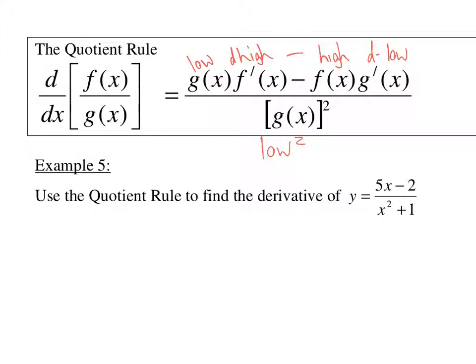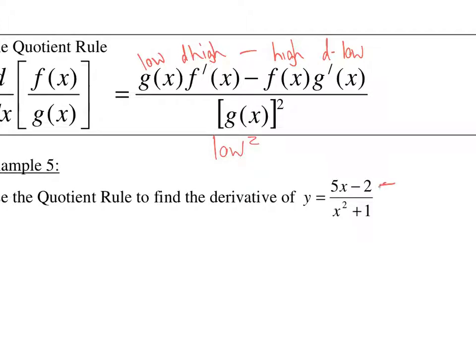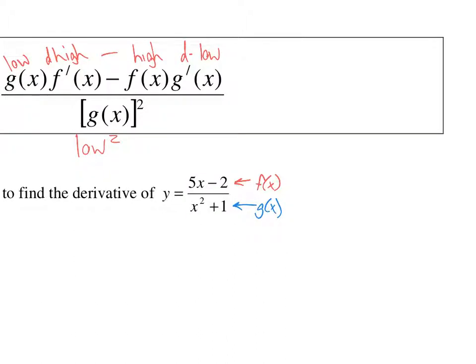So again, it's the same process, just a different formula. You identify your f and your g. In this case, f is in the numerator, that's f of x, and g of x is in the denominator. So f prime of x would equal what in this case?